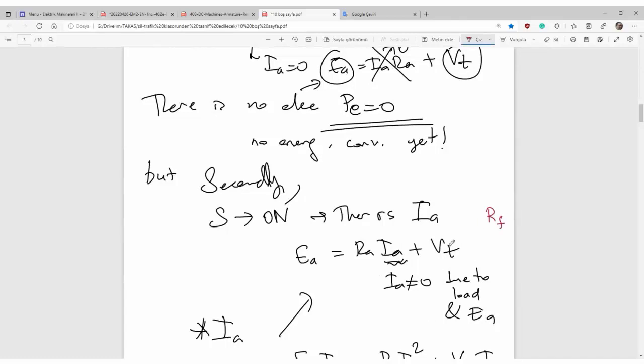It is a new parameter. I don't know yet how to include field resistance in the equations. If there's a field resistance given, there must be a field current squared times RF, copper loss in the field coil, ladies and gentlemen.